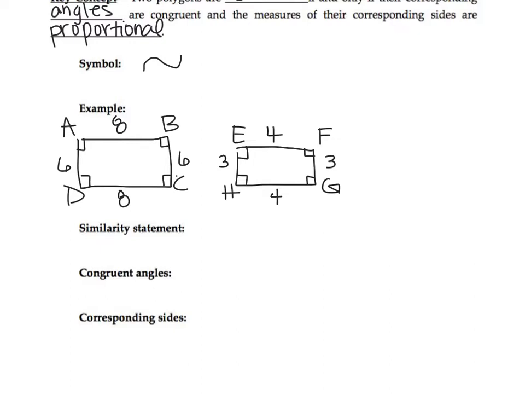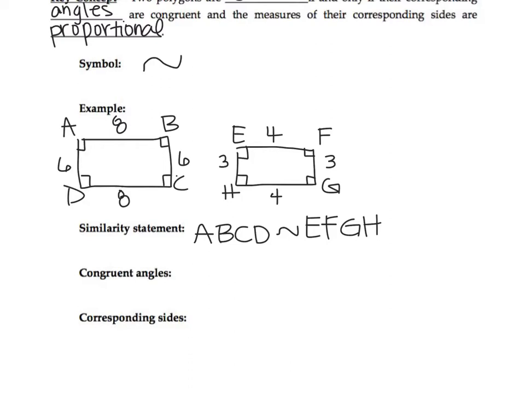The way I'm going to write the similarity statement is I'm going to say A, B, C, D, draw my similarity symbol, and then I want to make sure I list corresponding sides in order. So we're going to go E, F, G, H. Just like when we write a congruent statement, the order matters in a similarity statement as well.